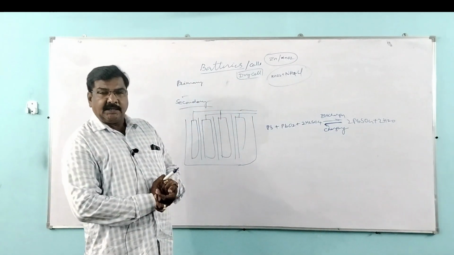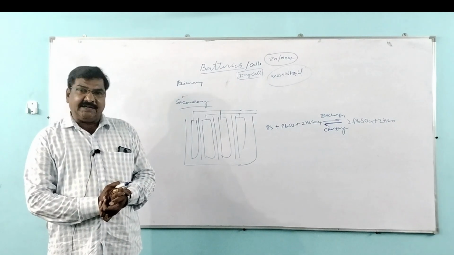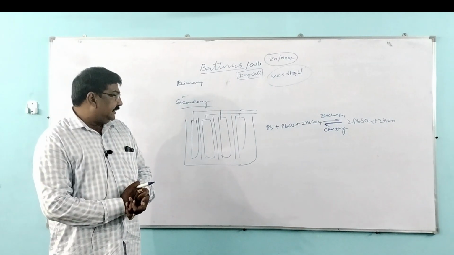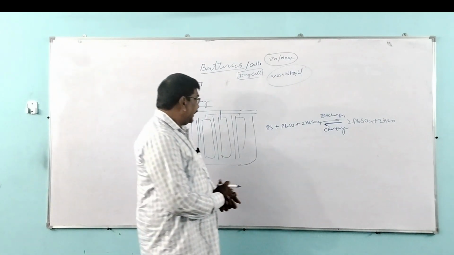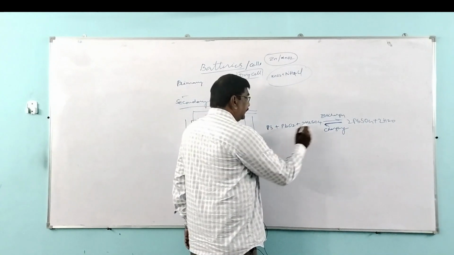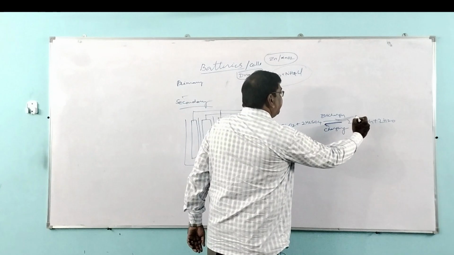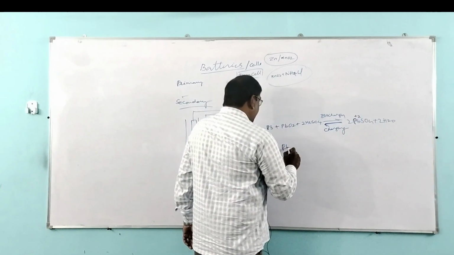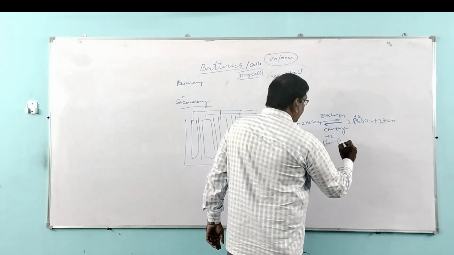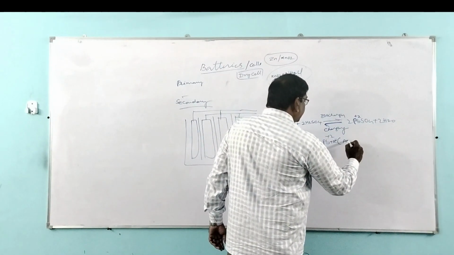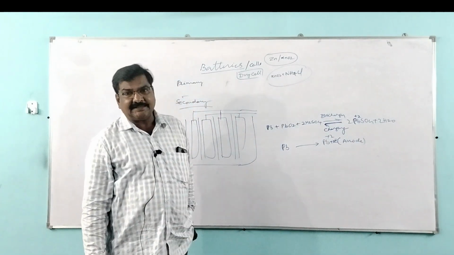What are the anode and cathode in this lead accumulator or secondary cell? Observe here Pb is converted into PbSO4, I mean Pb gives rise to Pb2+ plus 2 electrons. During discharging, the lead electrode acts as anode.